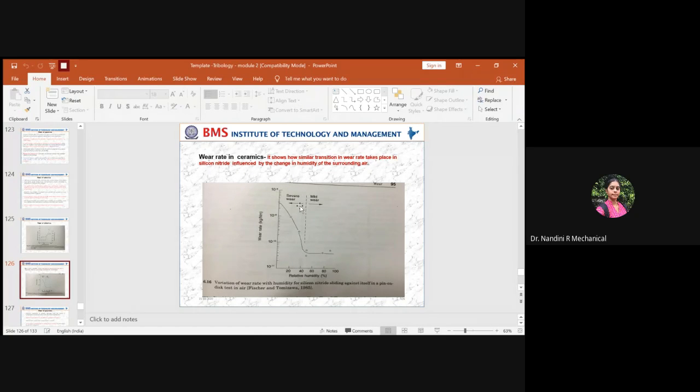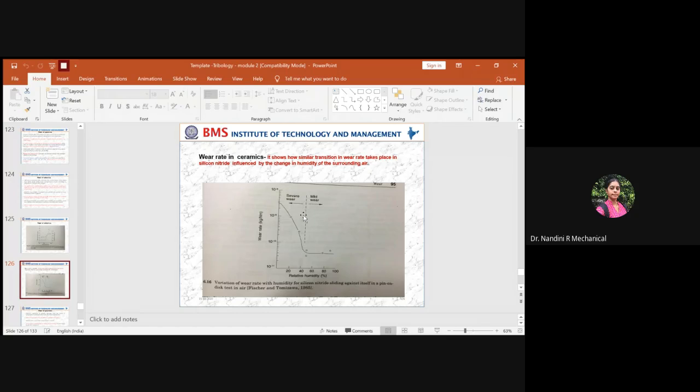So if you have to reduce the wear rate, you have to think with respect to the external environment where it is subjected, whether it is kept in open atmosphere. If there is a problem persisting due to open atmosphere, it is always better to keep it in a controlled environmental condition or in a vacuum chamber if needed. If the ceramic is very delicate to many external parameters, then you might think about keeping it in some inert atmosphere, with the help of some inert gases.